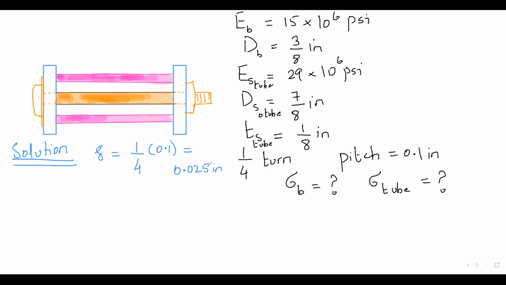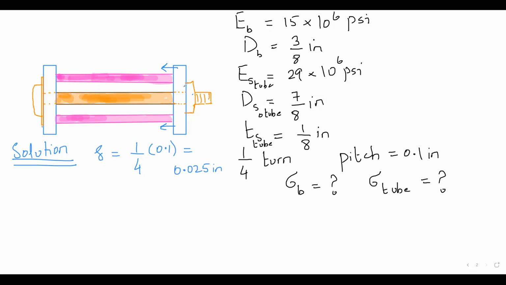Please understand one thing: when you are trying to tighten this one, what will happen? There is a hole, and for sure this is going through it. So when you tighten, this whole chunk wants to go like this, but this will not follow the same because there is a hole.